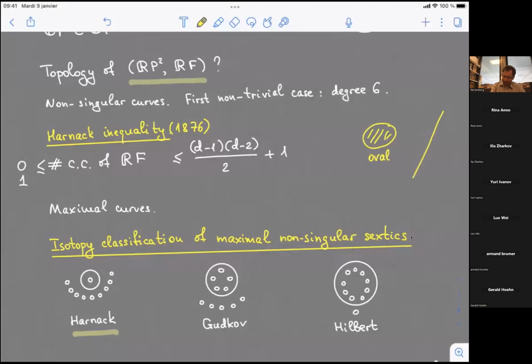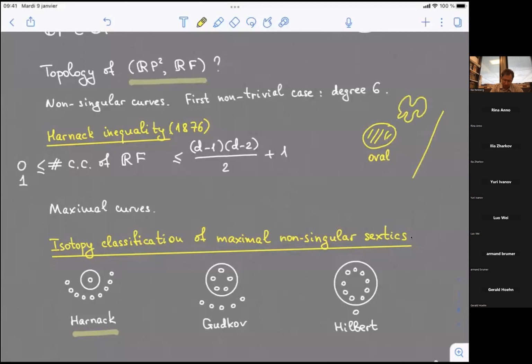An oval can have a complicated shape, but oval just means a circle embedded in RP2 in such a way that the complement has two connected components. And so if the degree is even and our curve is non-singular, then all the connected components are ovals.